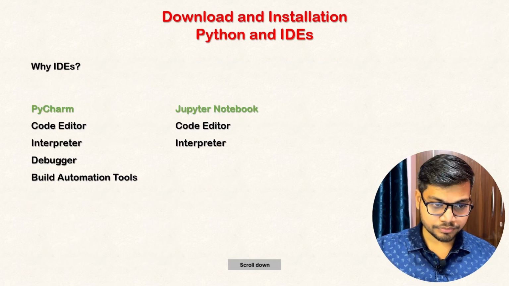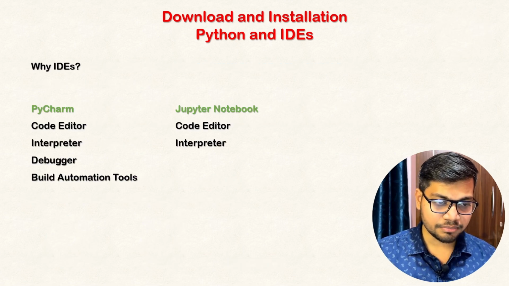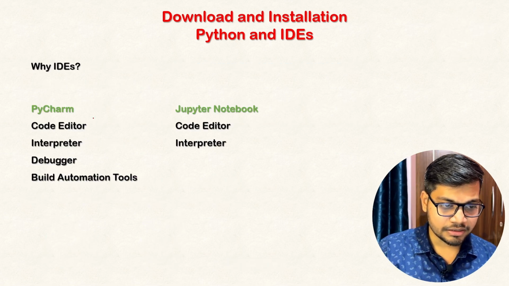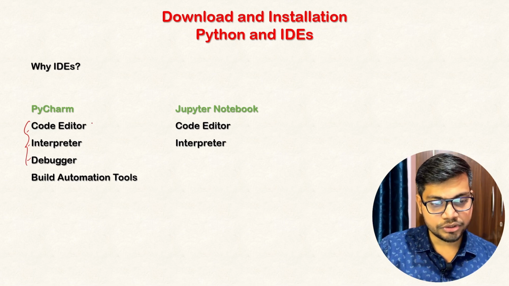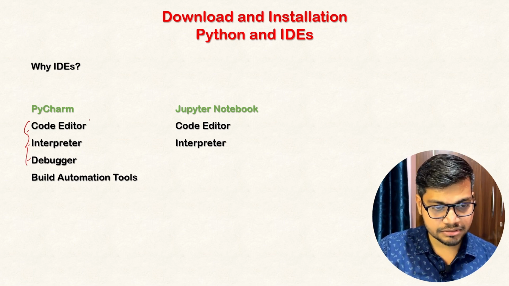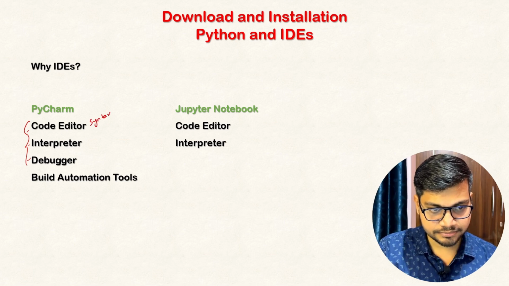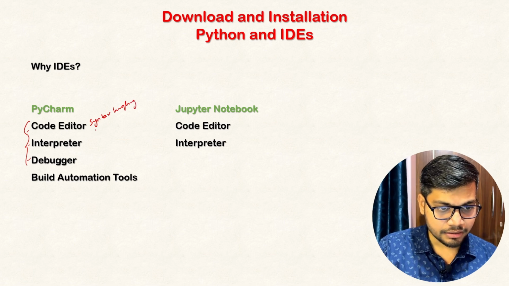So, here PyCharm gives these many features like code editor, interpreter and debugger using a single platform. Within code editor, PyCharm gives features like syntax highlighting and auto completion of the code.